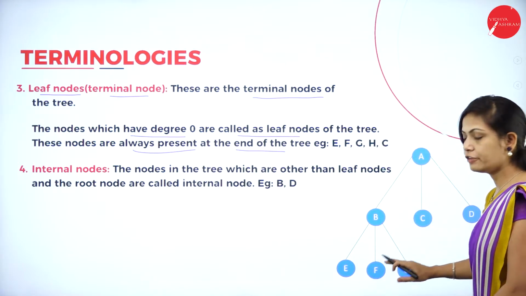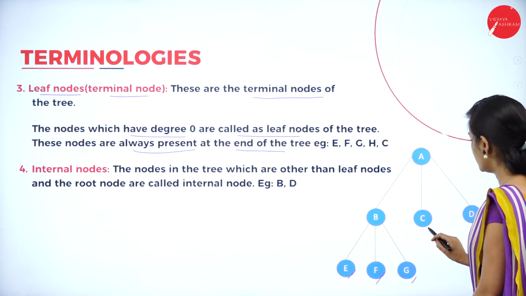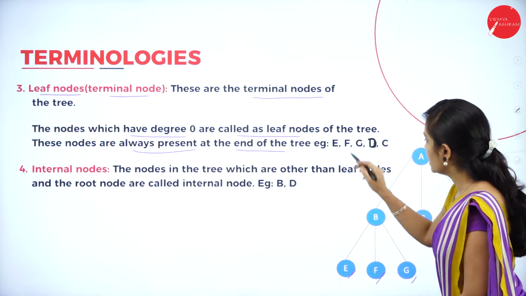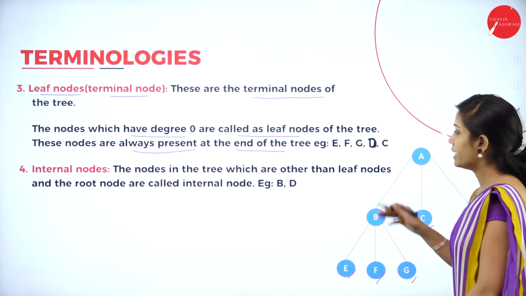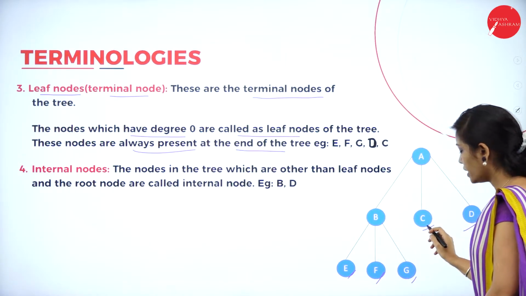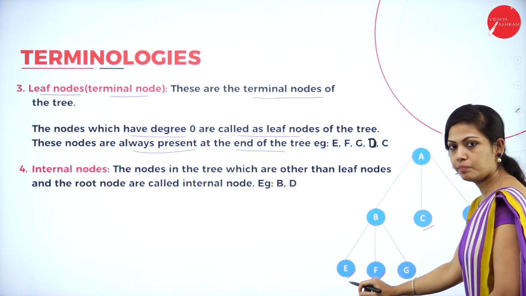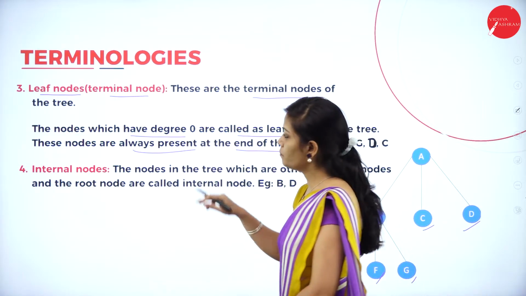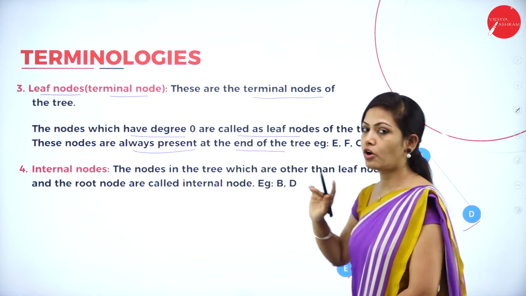Examples are E, F, G and C and D. So examples of leaf nodes are E, F, G, D, C. C has degree 0 and D also has degree 0, and nodes E, F, G do not contain any other node. Clear? This is called a leaf node. So the nodes which have degree 0 are called leaf nodes.